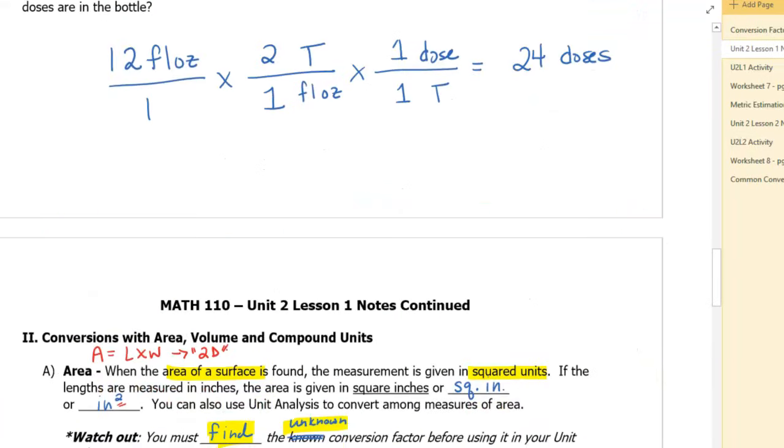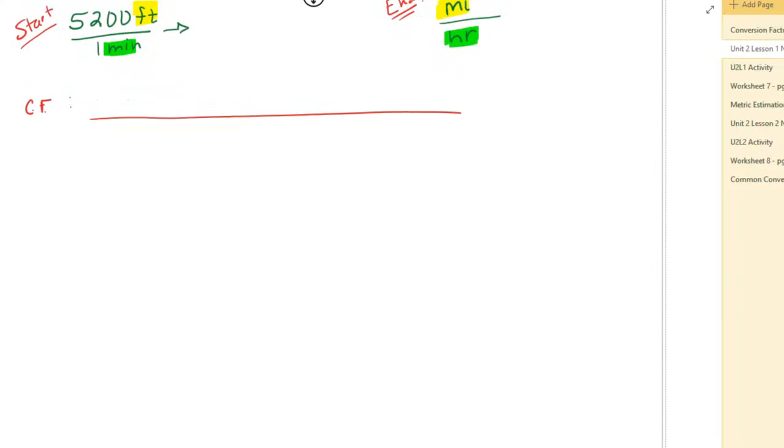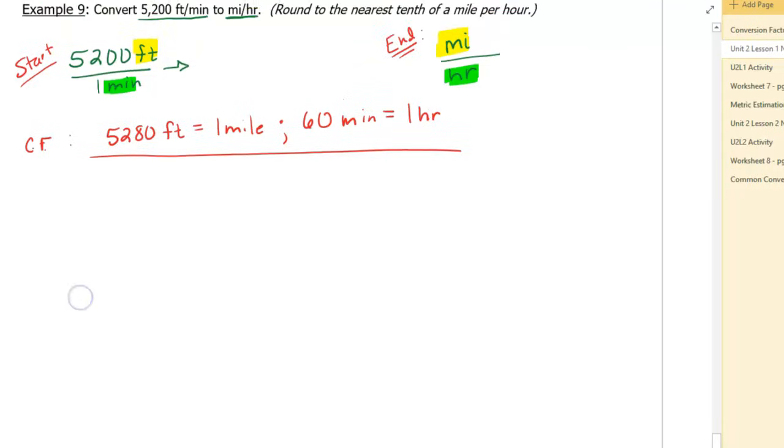Okay, so our conversion factors are going to be 5,280 feet is equal to 1 mile, and then 60 minutes is equal to 1 hour.